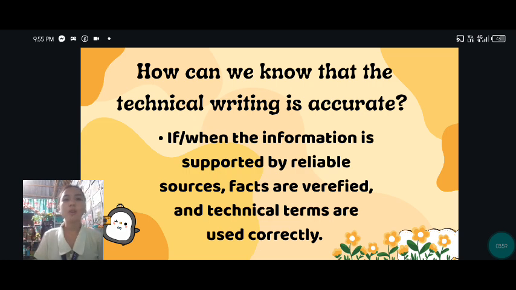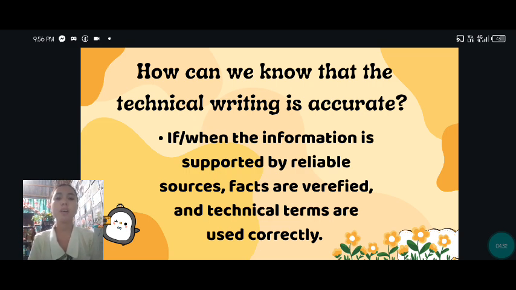So, how can we know that the technical writing is accurate? So, we can know if the technical writing is accurate when the information is supported by reliable sources, facts are verified, and technical terms are used correctly. So, it means that a writing is accurate if it has no contradictions, it uses precise measurement, and is free from spelling or grammatical errors.